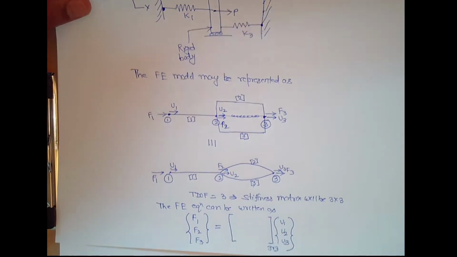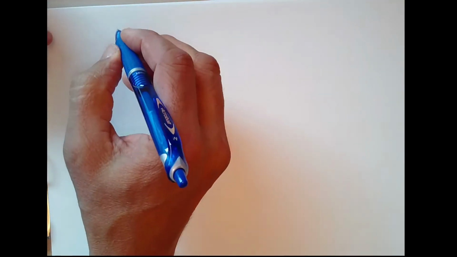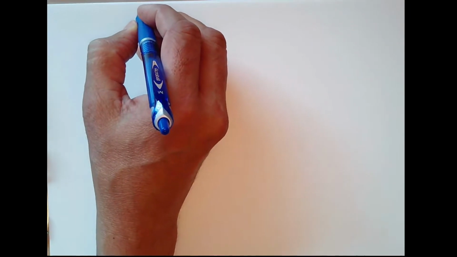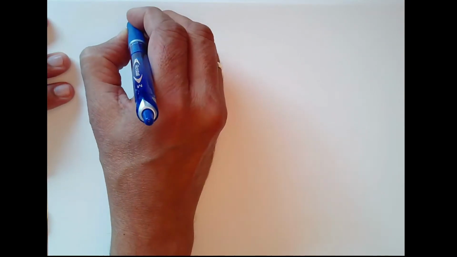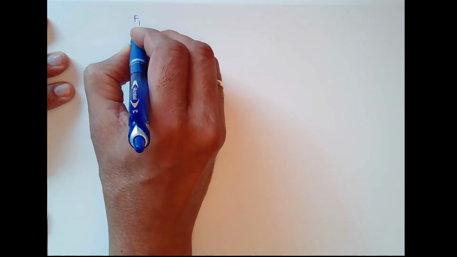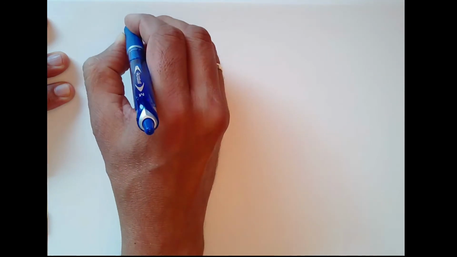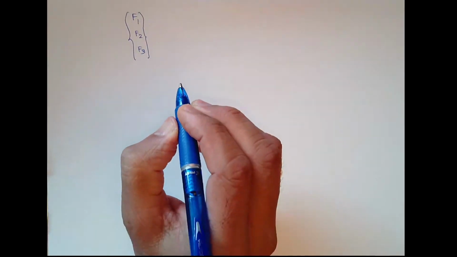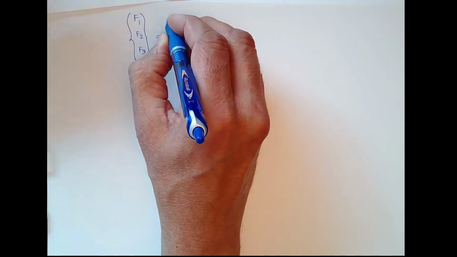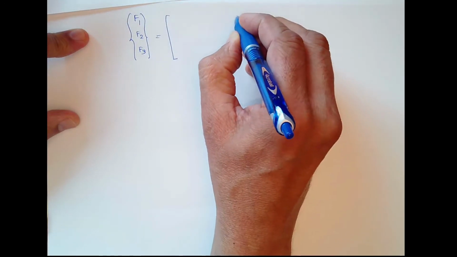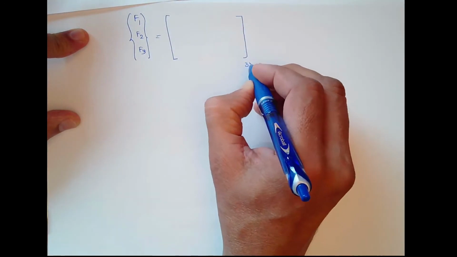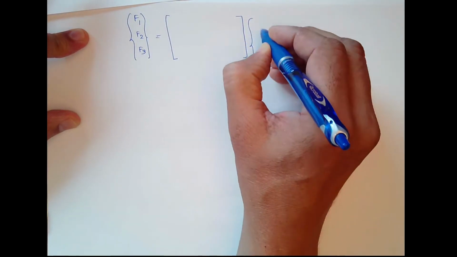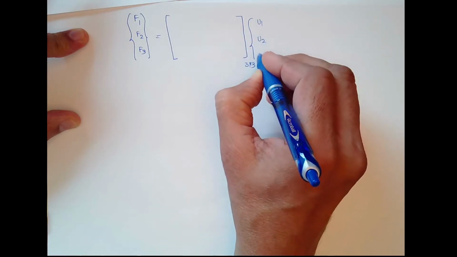Let us write it. So F1, F2, and F3, and the stiffness matrix will be 3 by 3, multiplying U1, U2, and U3.